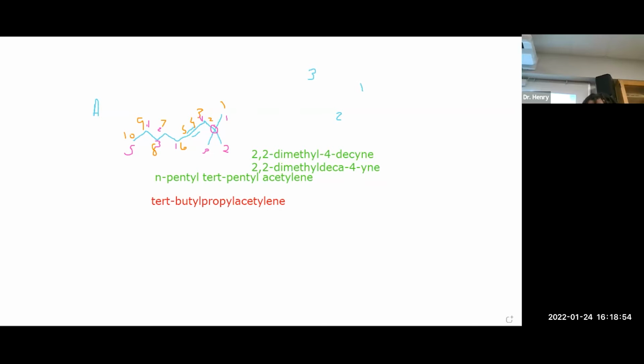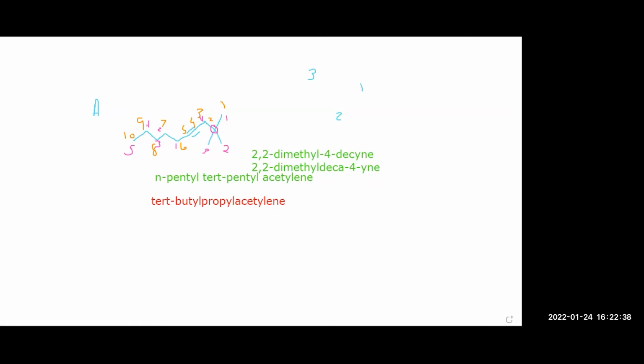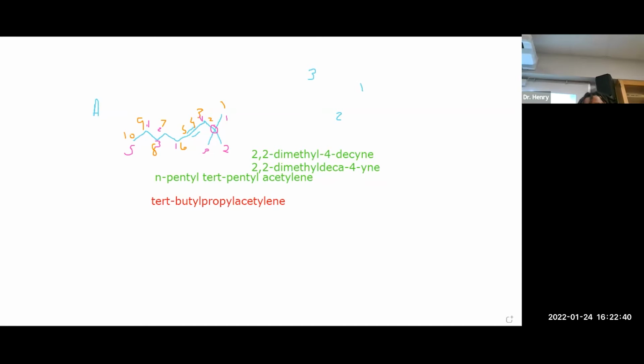The tert butyl, propyl, acetylene. In terms of the name? Yeah, well, because they're both pentyl, right? So you would use the prefix then. Normally the prefix doesn't play a part, but they're both pentyl. You understand?